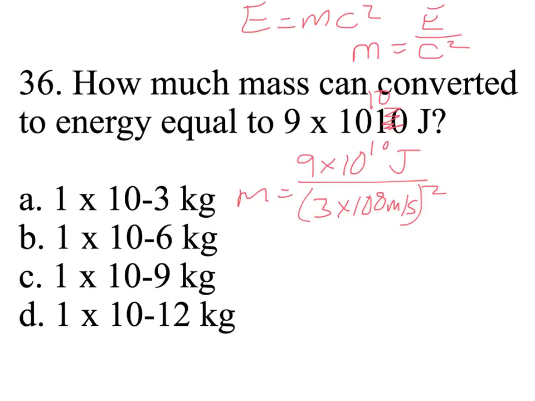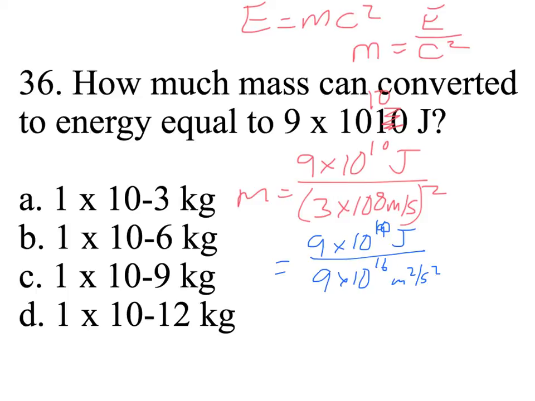Now, 3 squared right there is 9. So that makes this equation pretty easy to solve. 9 times 10 to the 10th joules divided by 9 times 10 to the 16th meters squared per second squared.